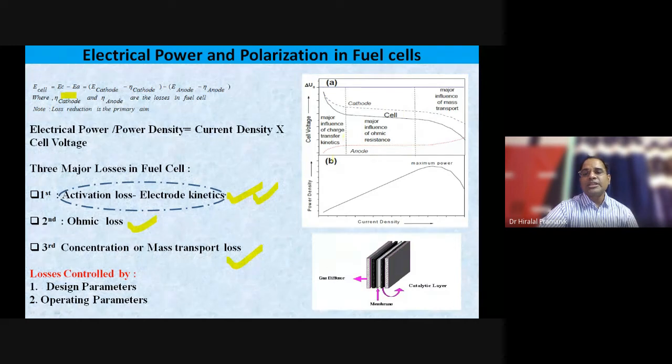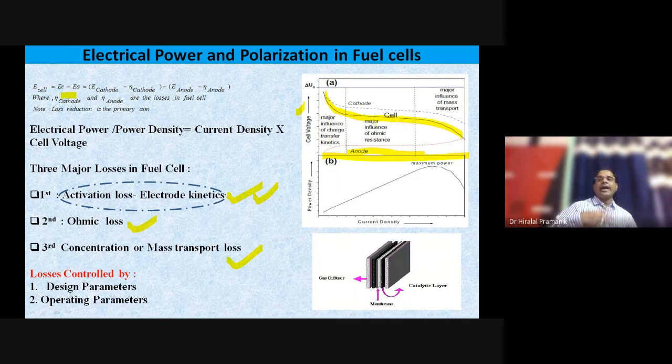Now, if you see this diagram of the characteristics, the x-axis is the current and the y-axis is the voltage. If you draw current, your cell potential goes down because of the losses. First, activation loss will be there, and if you draw more current, ohmic loss will be there.